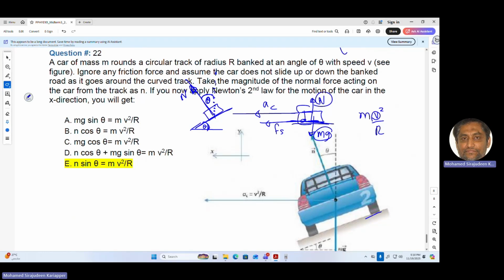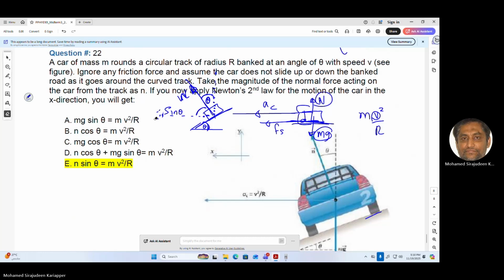Now, there is a component. It is not 90 degrees anymore. The component of normal force along the acceleration direction is N sine theta. Now you must be wondering, how come the horizontal component is sine and the vertical component is cosine? Usually the y component is sine, the x component is cosine, right?